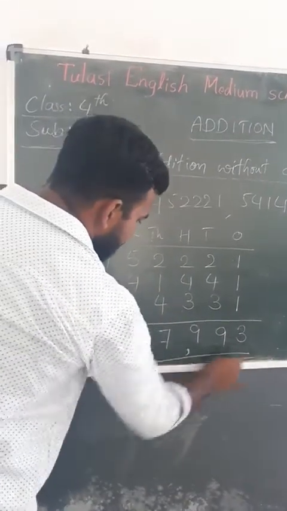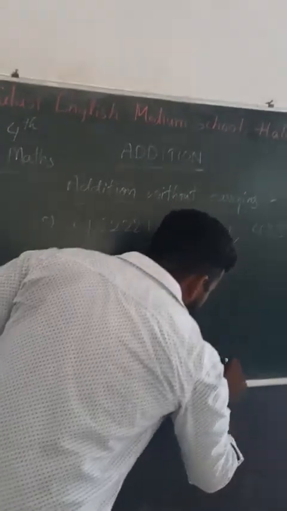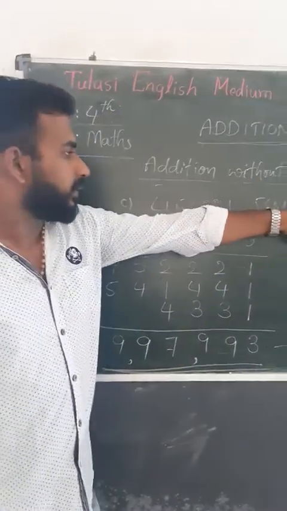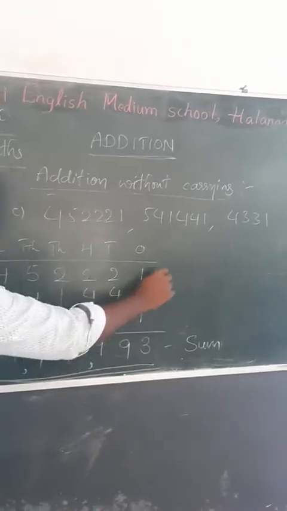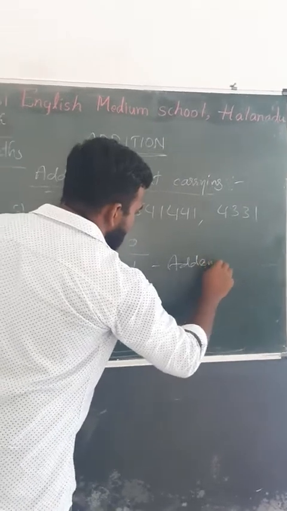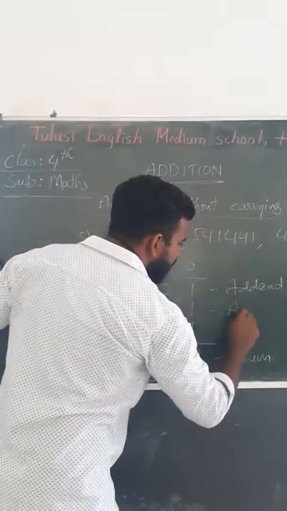This is the sum of all the three numbers. This is the added. This is also called the added.